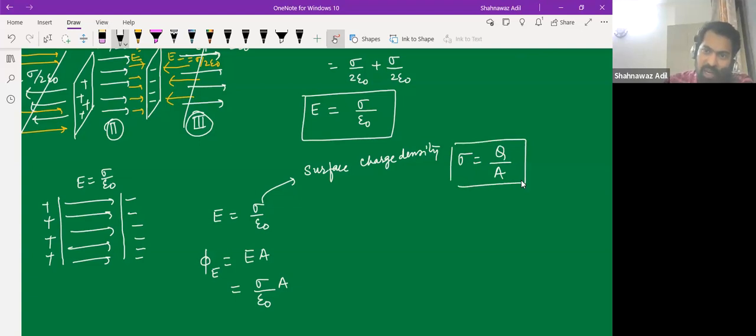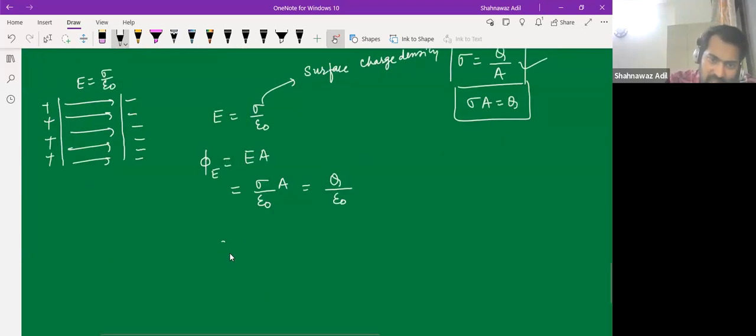Is this part clear? Yes, sir. So if I calculate sigma into A, it would be charge. So this is sigma into A, that is Q, and this is epsilon naught. So if I write phi, electric flux, it is Q by epsilon naught.